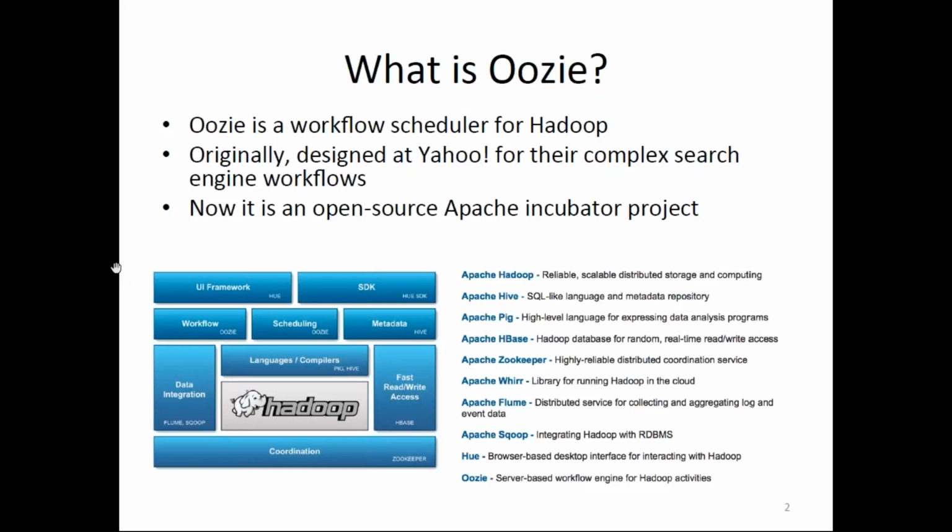Oozie is basically a workflow scheduler, something for scheduling your jobs. Once we are done learning MapReduce, Pig and Hive and so on, the other part which is left over is, how do I schedule these jobs in such a way that once a job is completed, some other job is automatically triggered. So this is something like automation.